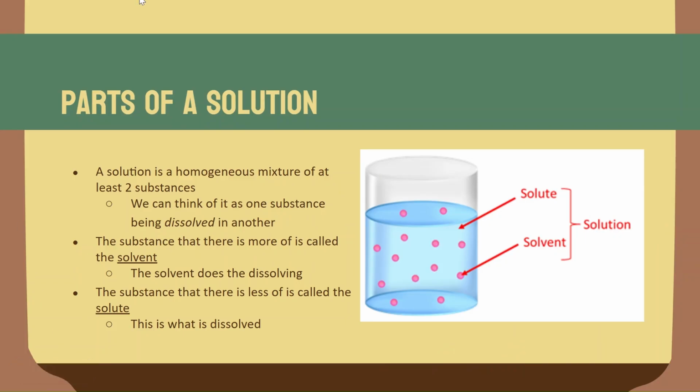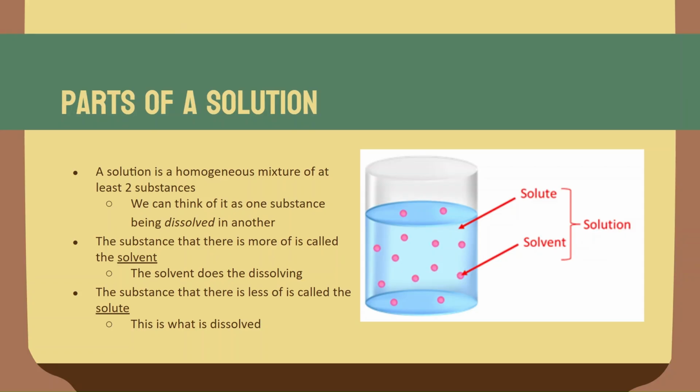When we're thinking about solutions, we have two vocab terms we need to think about. A solution is a homogeneous mixture of at least two substances. We can think of it as one thing being dissolved into another thing. The substance that does the dissolving, which is the substance that we have more of, is called the solvent. In an aqueous solution, the solvent is water.